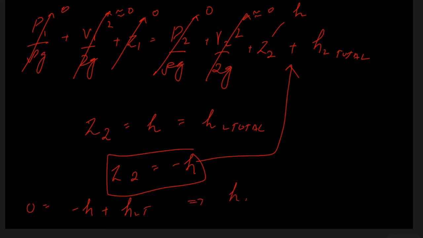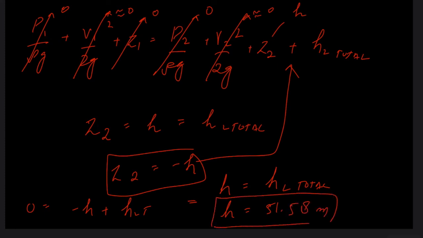This implies that H is equal to HL total. So H comes out to be 51.58 meters. This is our answer. We can also write it as negative to show that it is below. It's up to us whether we use the negative initially or at a later stage of the numerical. So this is your answer.